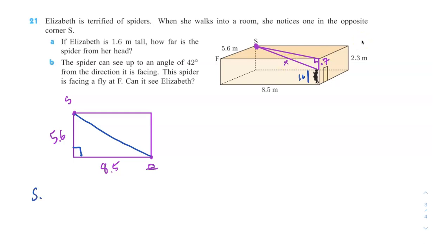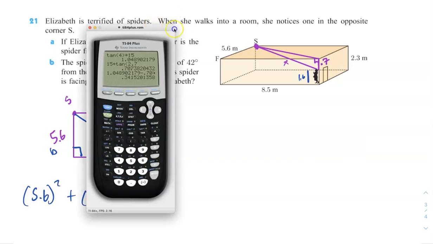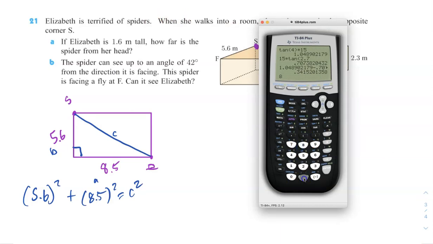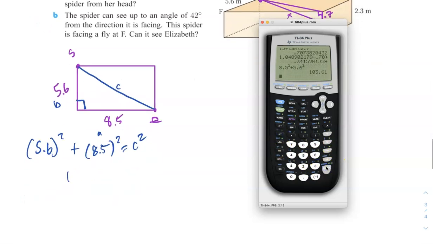So 5.6, remember a squared plus b squared equals c squared, where c is the hypotenuse. Let's use a calculator. So 8.5 squared plus 5.6 squared equals 103.61, which equals c squared.